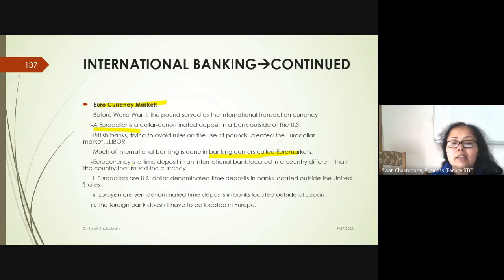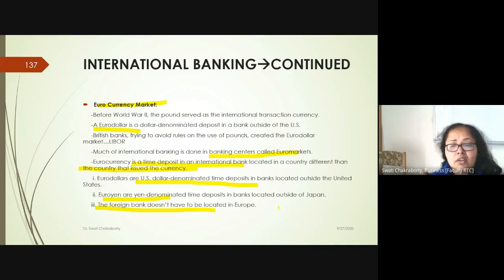Eurocurrency is a time deposit in an international bank located in a country different from the country that issued the currency. So Eurodollars are US dollar-denominated time deposits in banks located outside the United States. Euroyen are yen-denominated time deposits in banks located outside of Japan.